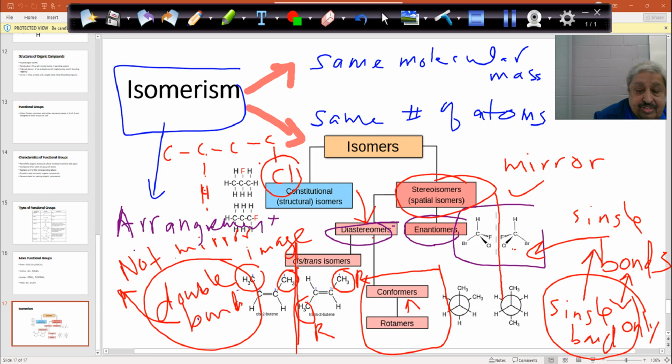So this is the big name of it, meaning the ability to twist or rotate between carbon atoms within a single bond. Double bond is difficult, almost impossible. Triple bond, forget about it. It's very short. You cannot rotate those. Okay, guys? Any questions so far?